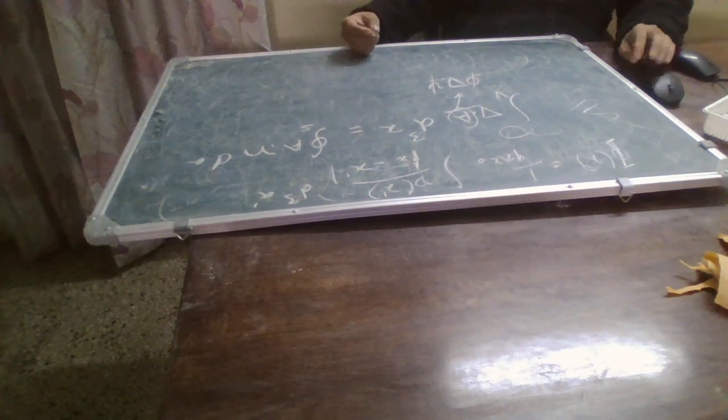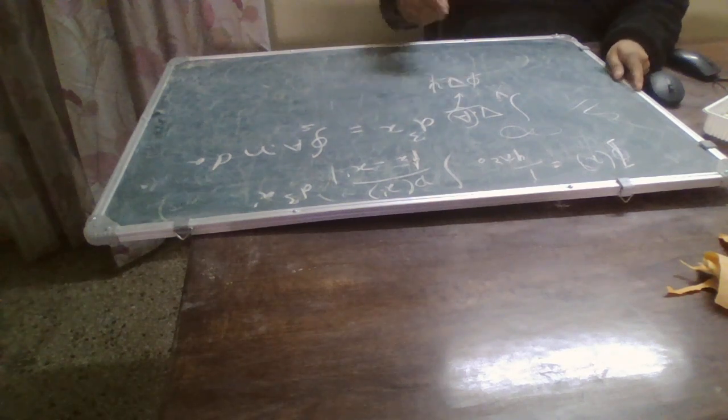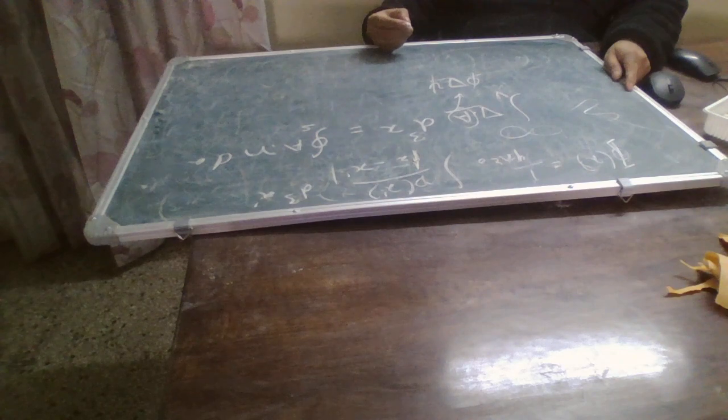Okay, so let us define the vector field A to be phi times the gradient of xi, where phi and xi are two arbitrary scalar fields.